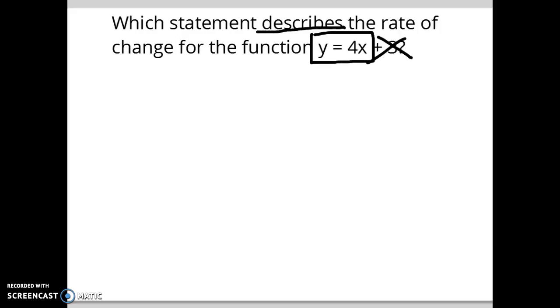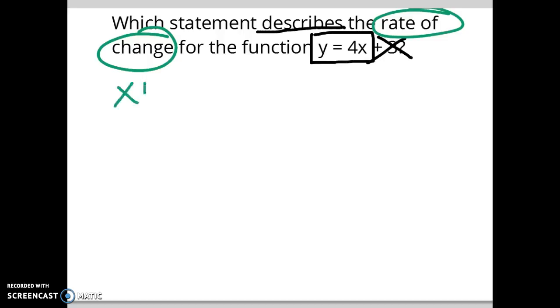If the question asks which statement describes the shift of the function, you would then be looking for the y-intercept. But because it's talking about the rate of change, it is speaking to the slope.